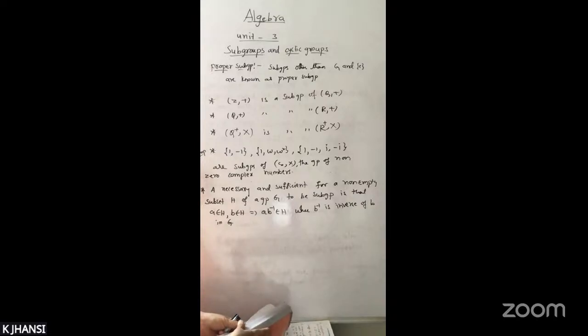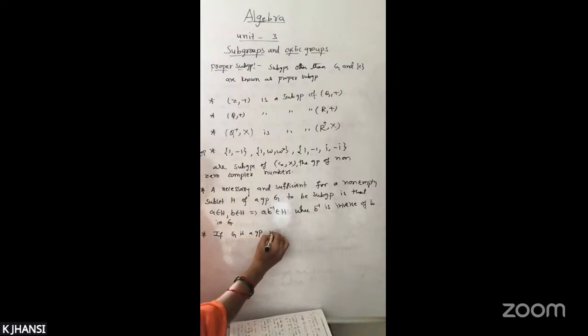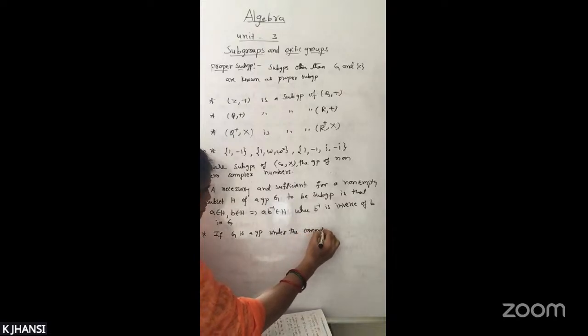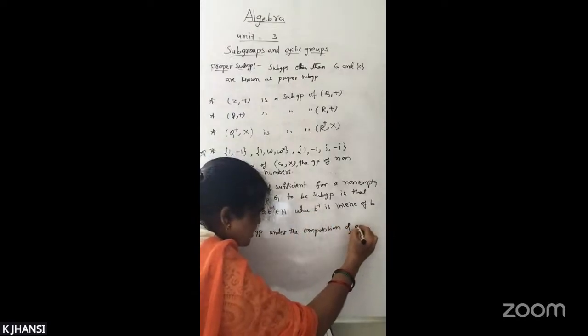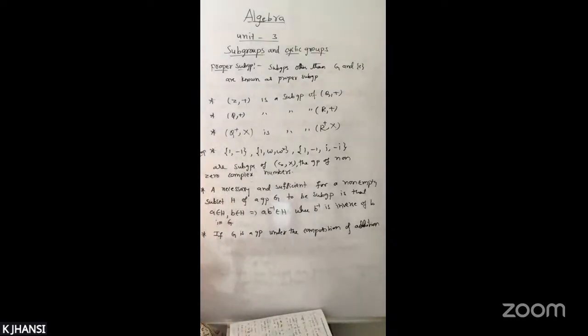So up till now, we have seen two definitions of subgroup. Now the third one is, if G is a group under the composition of addition. Okay, here it is specially mentioned that the operation is addition.